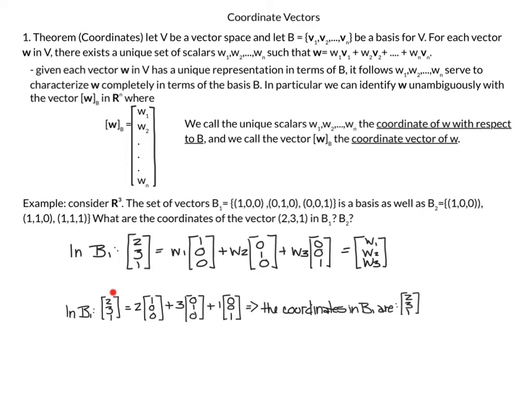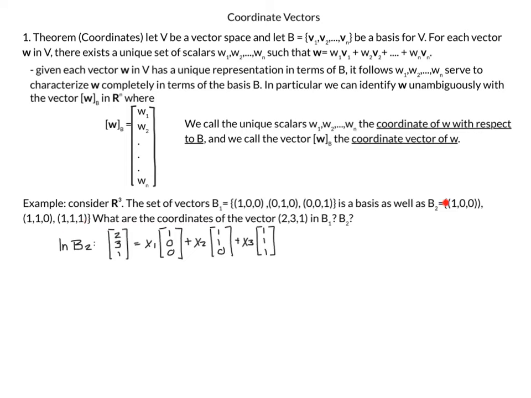And so what we're saying is 2, 3, 1 is equal to 2 times 1, 0, 0 plus 3 times 0, 1, 0 plus 1 times 0, 0, 1, which means the coordinates in B1 are 2, 3, 1. So that was kind of a lot more work. You could probably see it just by looking at 2, 3, 1.